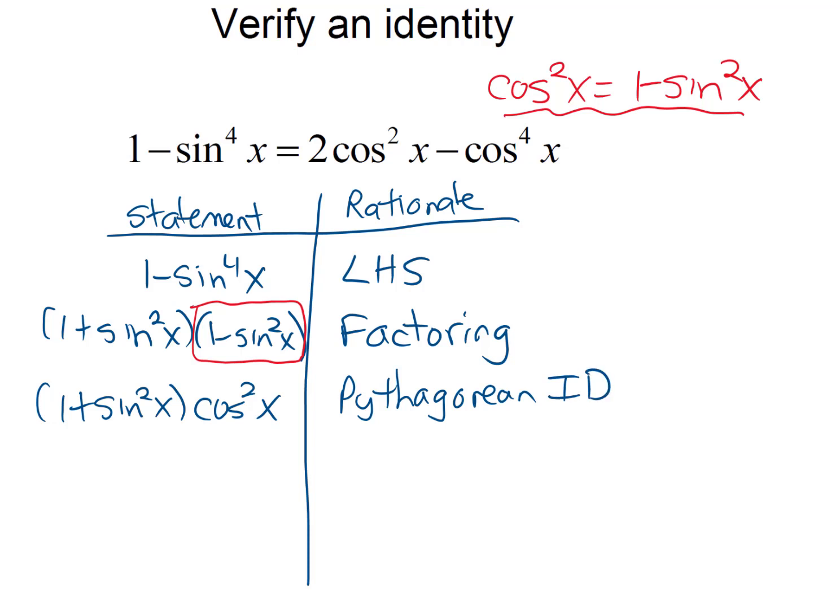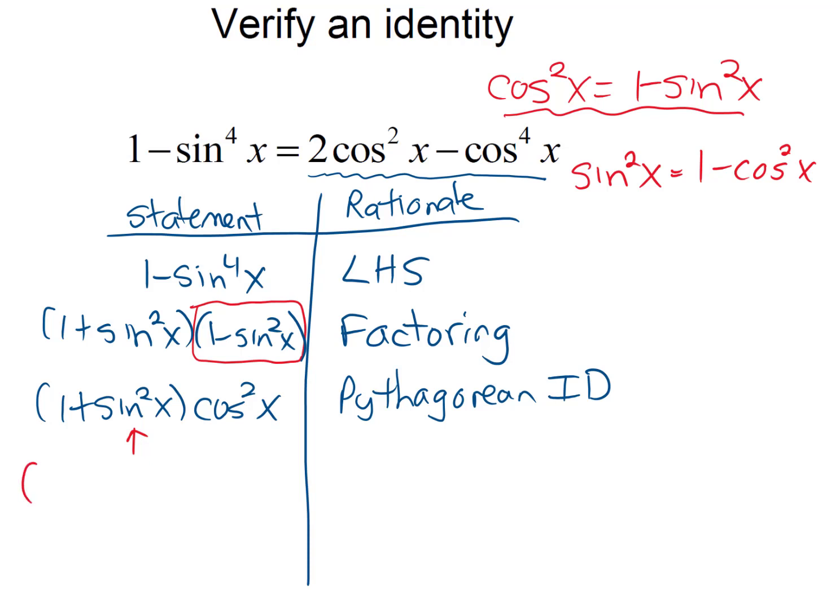Okay. Now, seeing as I'm headed towards trying to show that it equals the right-hand side, and the right-hand side is only cosines, what I'm going to do in this next step is replace this sine squared using the Pythagorean identity. The Pythagorean identity for sine squared is 1 minus cosine squared x. That way I would have it in terms of cosines.